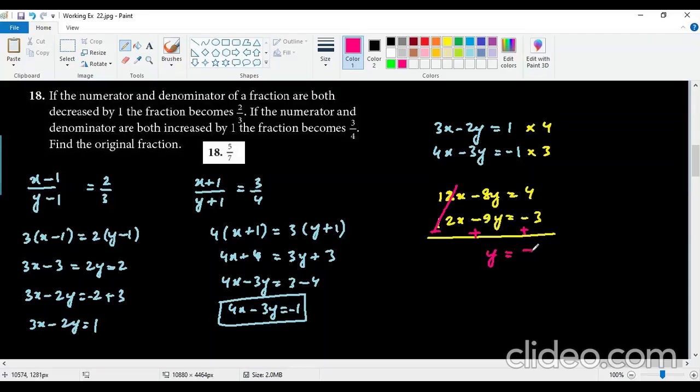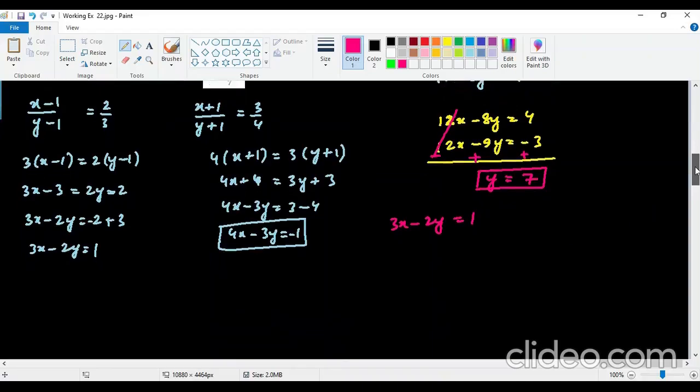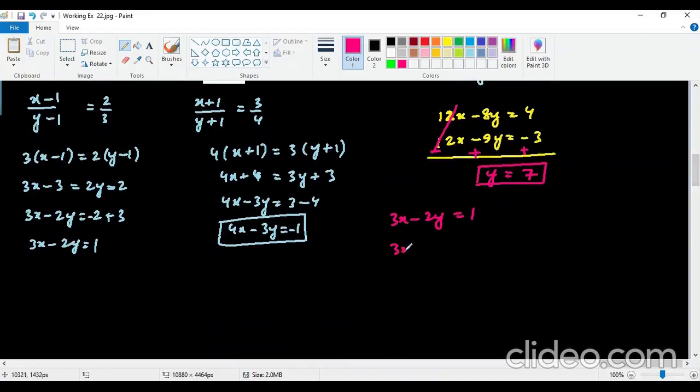I can use any equation I feel like. I will be using 3x minus 2y equals 1. This equation I'm using, and I will substitute the value of y into this equation. 3x minus 2y equals 1. So 3x will be equal to 1 plus 14.